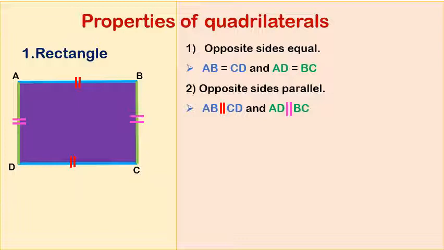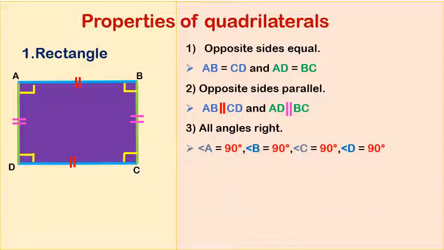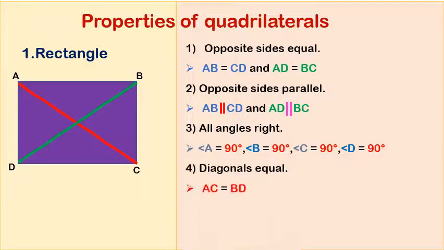Then what about the third property? Any idea? Yes, all angles are right angles. That is, angle A equal to 90 degrees, angle B equal to 90 degrees, angle C equal to 90 degrees, and angle D also 90 degrees. Next is the fourth property. You can see here diagonals are equal in length.